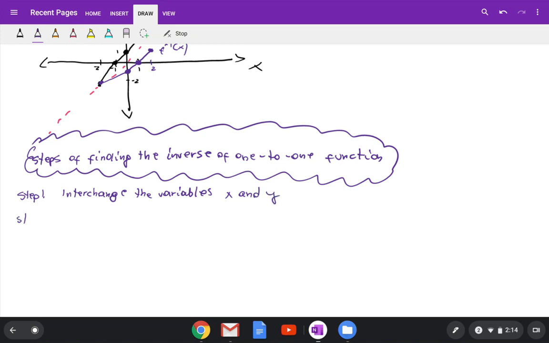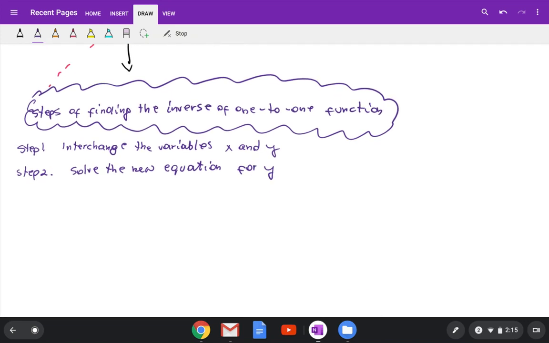Step 2, solve the new equation for y. Step 3, here, since we're dealing with one-to-one functions, you always have a chance to check your work. So I recommend doing that. Step 3, check your work.